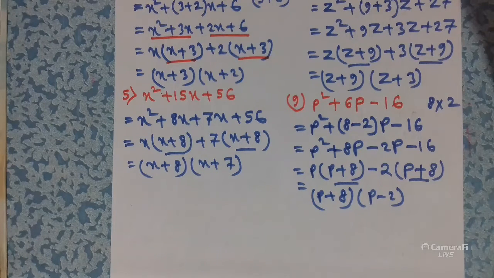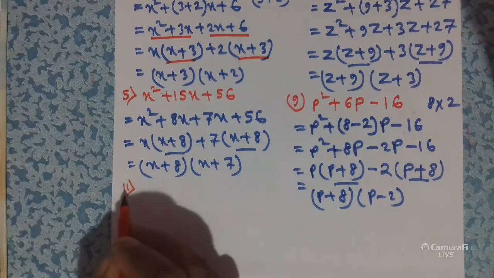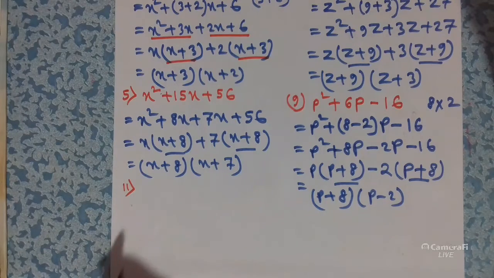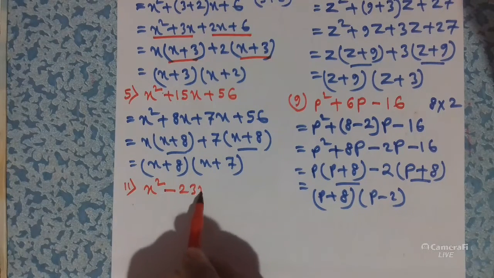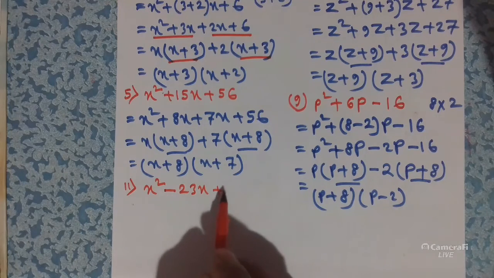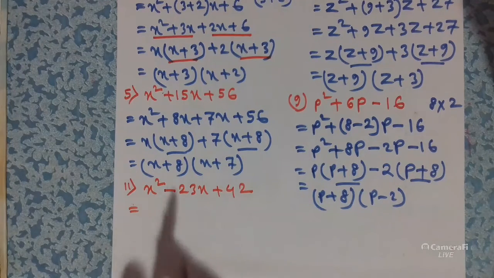problem number 11. X square minus 23x plus 42. So here again we have to choose two numbers whose product is 42 and whose addition or subtraction is 23.